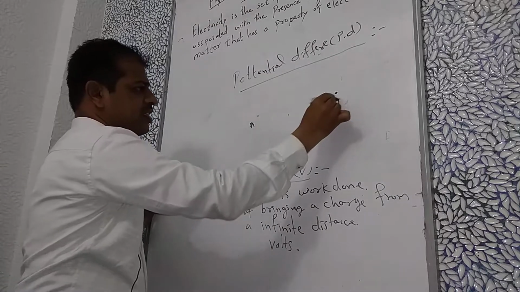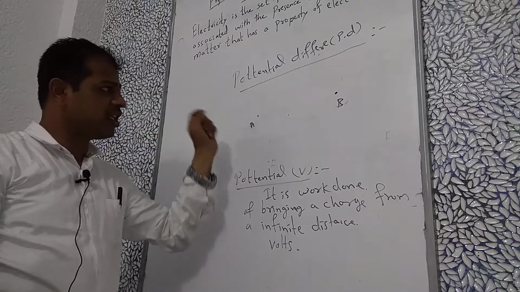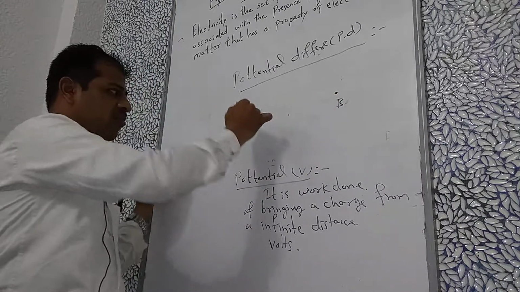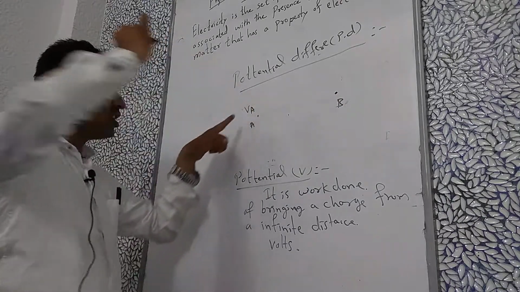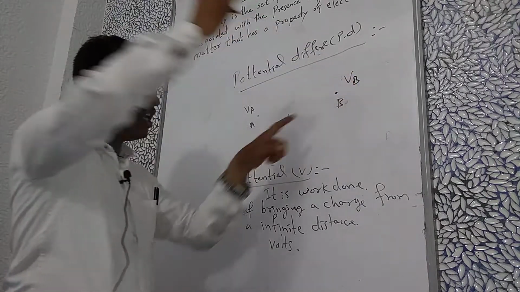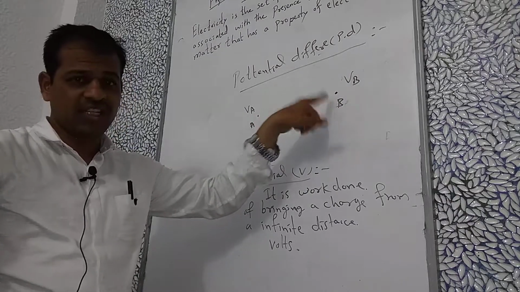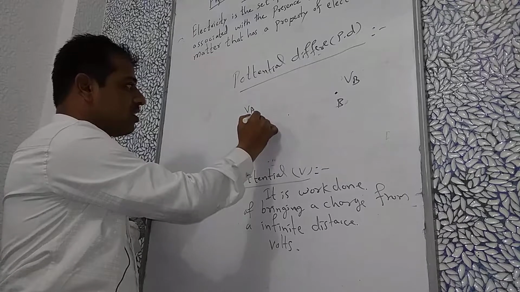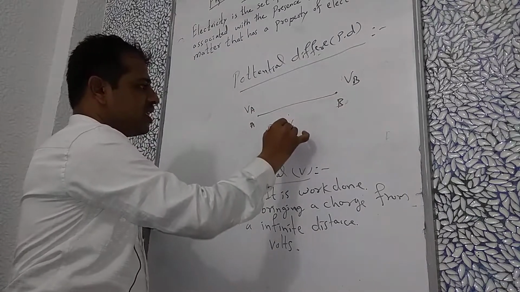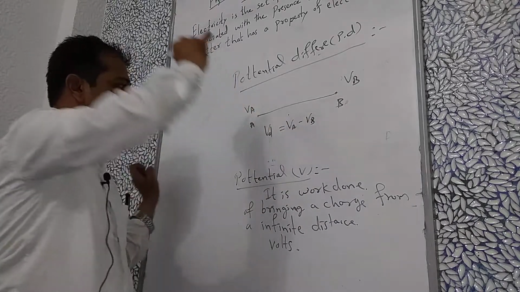This is point A, this is point B. Potential difference is also work done: the work done in bringing a charge from point B to point A. VA means potential at point A, and VB means potential at point B. It is denoted by VD.